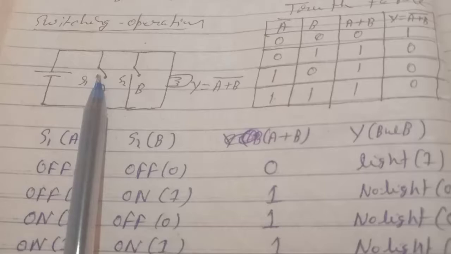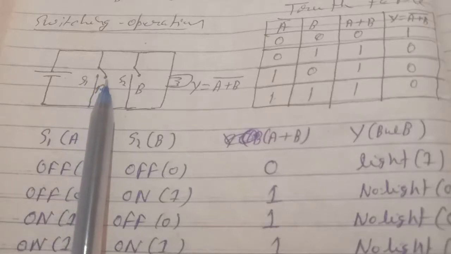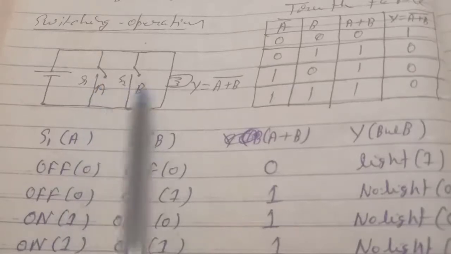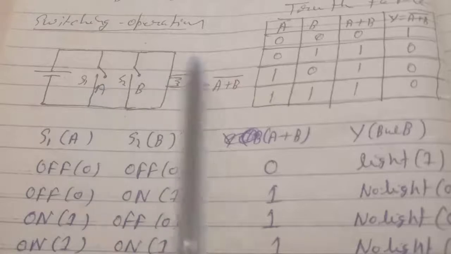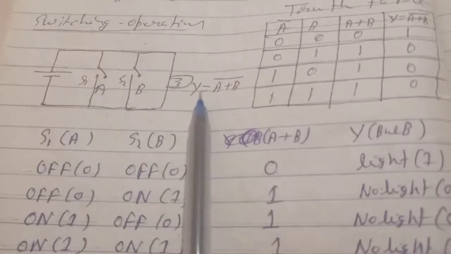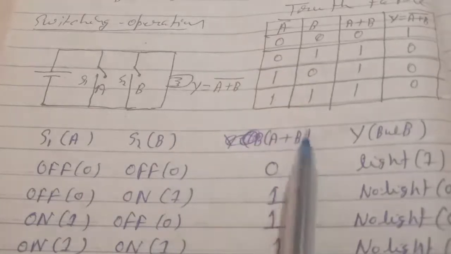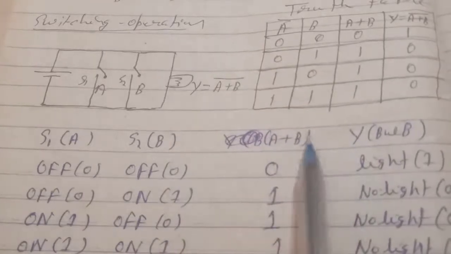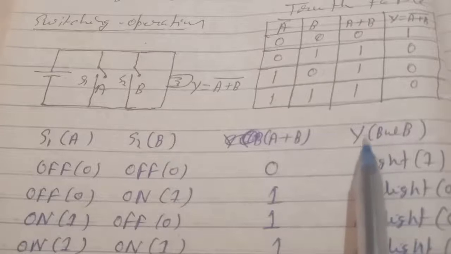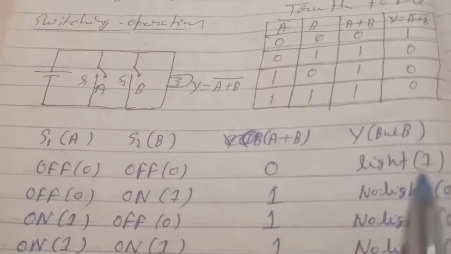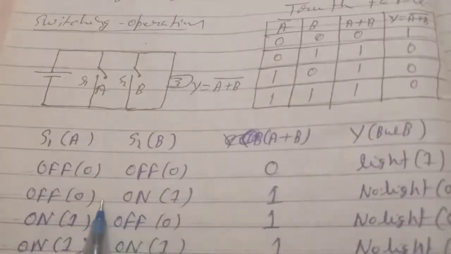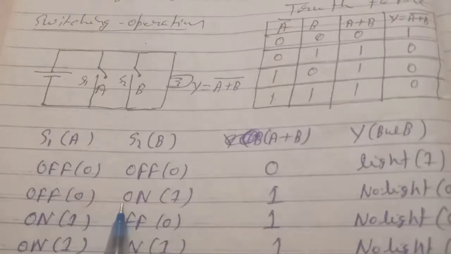When both A and B switches are off, then we get light here, and because both are off, A plus B will be 0. So Y, that is A plus B bar, the output of our NOR gate, will be light, 1. In other cases the output will be 0.